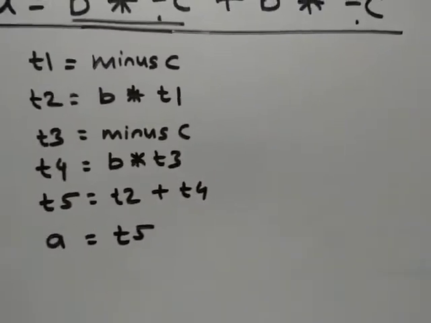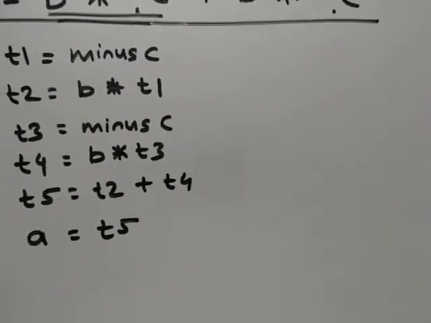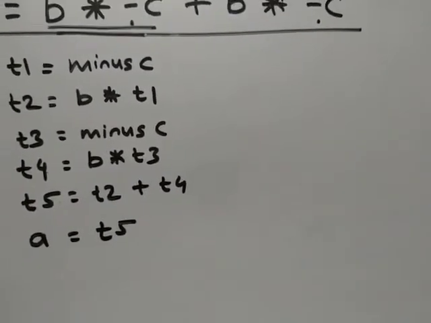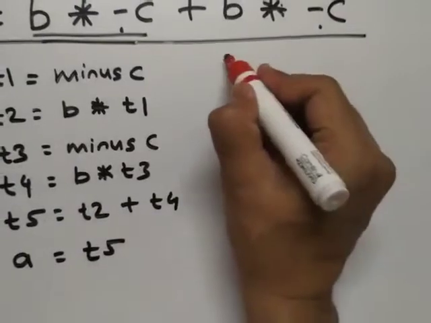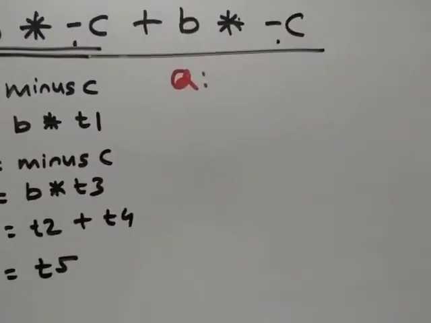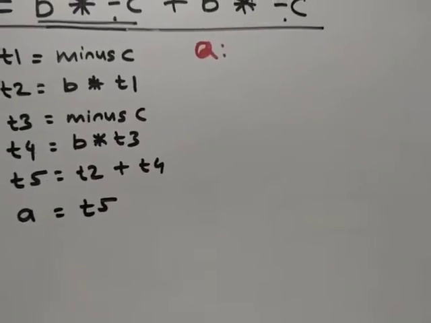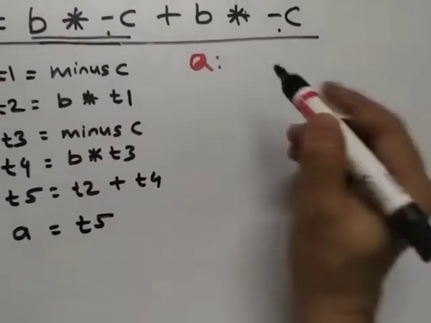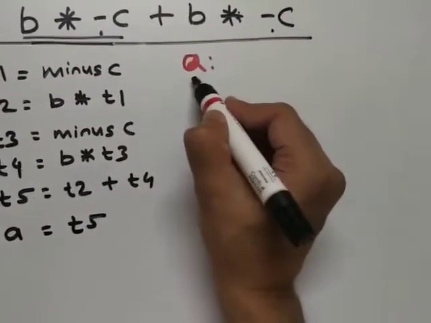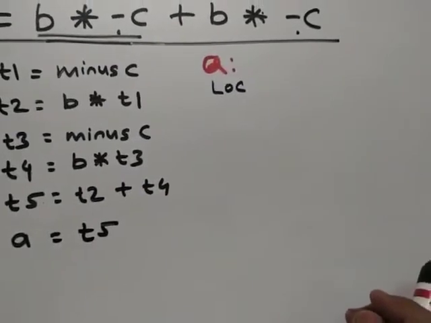Now we will create the quadruple for this. For the quadruple, as you all know, we have 4 major columns: first is the operator, then argument 1, argument 2 and result. The special column that we need to add is location, so we will be keeping track of location.